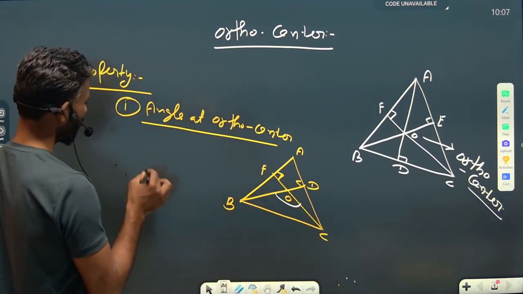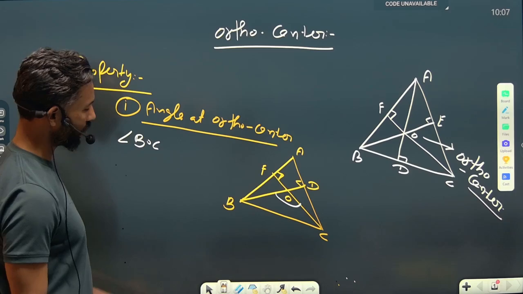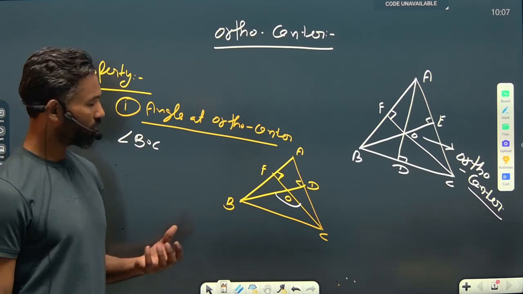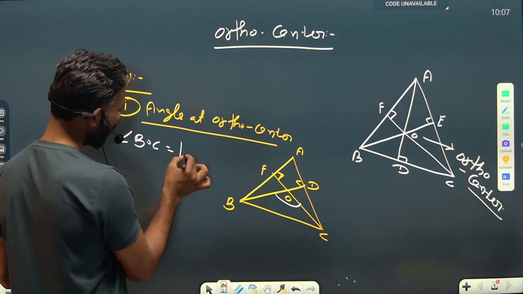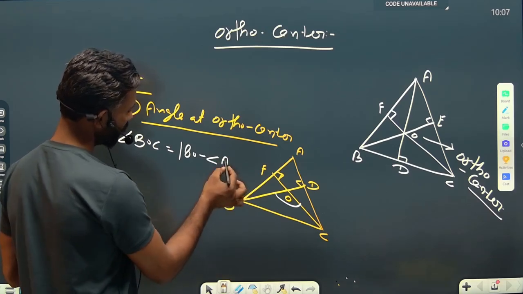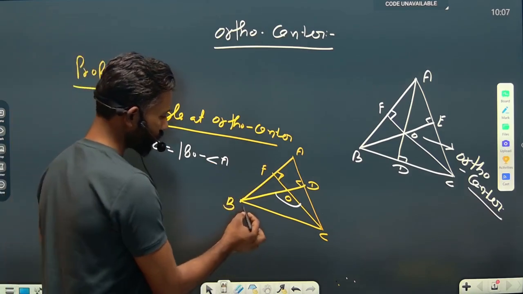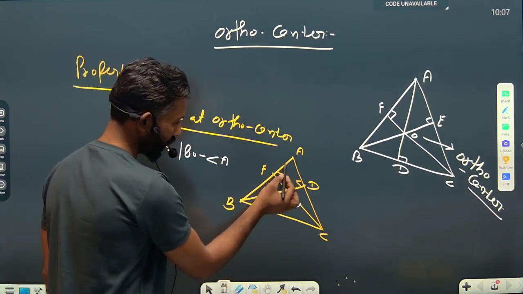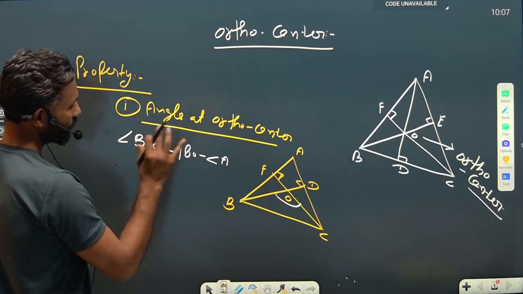Okay, the examiner may ask us about this angle BOC. So whenever we are going to calculate angle BOC, what will be its value? It will be equal to 180 minus the opposite angle. Since we are calculating angle BOC, it is 180 minus A. In the same way you can memorize this without drawing the diagram.